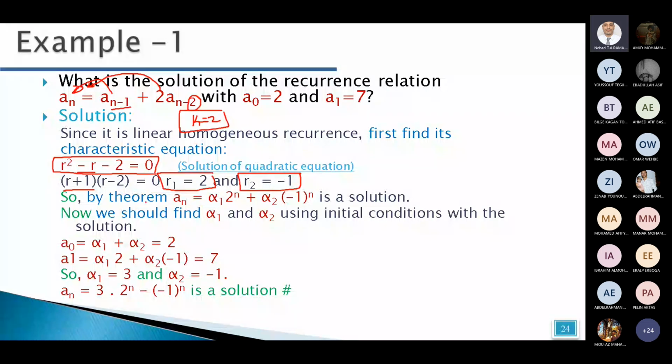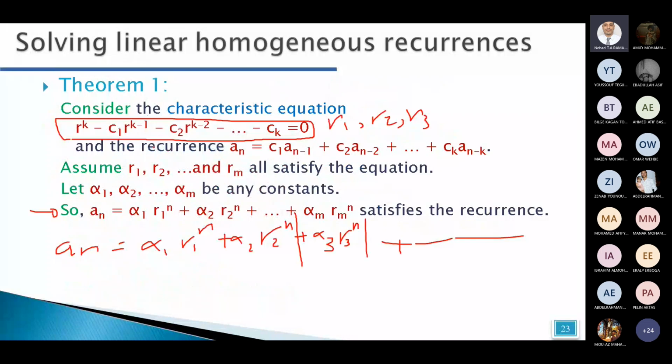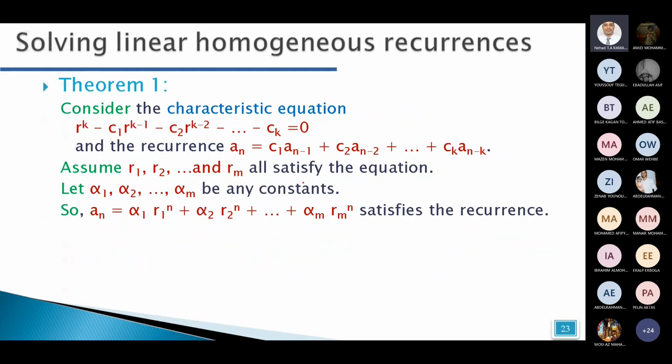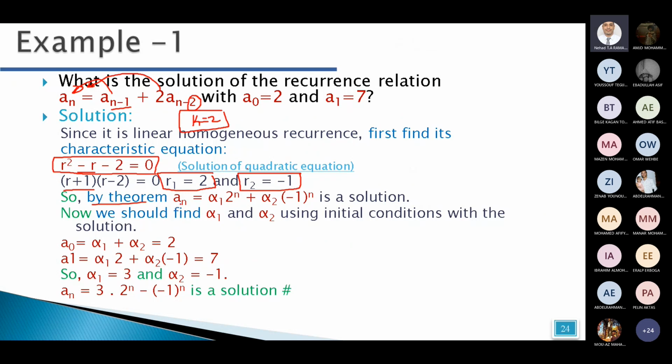Depending on this theorem, it says that the solution a_n will be alpha 1 multiplied by the first solution power n, plus alpha 2 multiplied by the second solution power n. So a_n, which is the solution, is alpha 1 multiplied by 2 power n, plus alpha 2 multiplied by minus 1 power n.